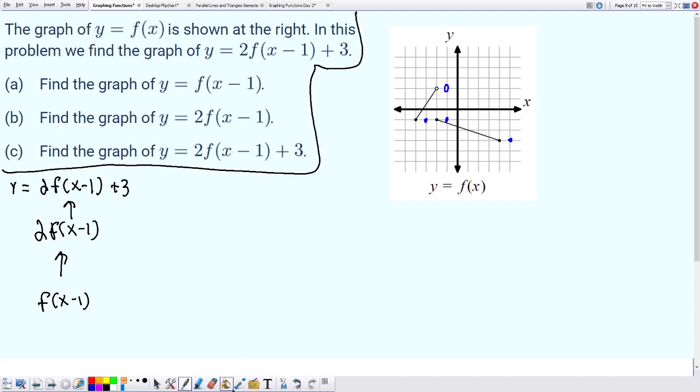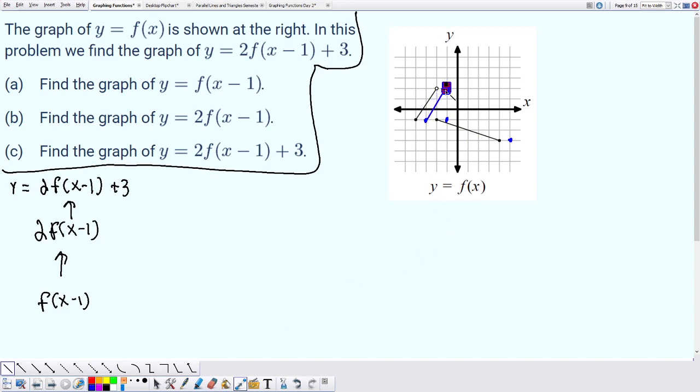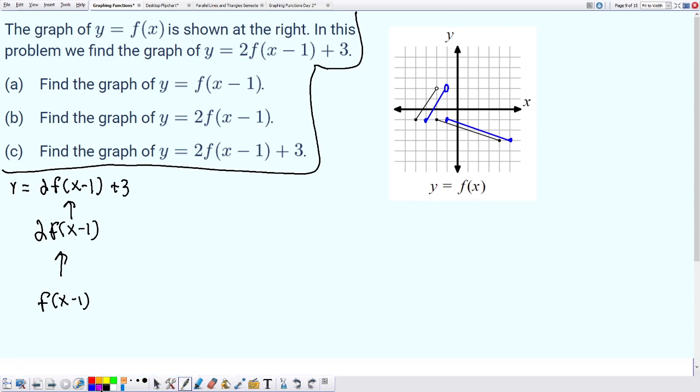And now we can fill out our function. So we're going to connect these 2 points like such, and we will connect these 2. And now we have the function we started out with just shifted over to the right 1 space. So now we took care of part A. Now let's find 2 times f of x minus 1.